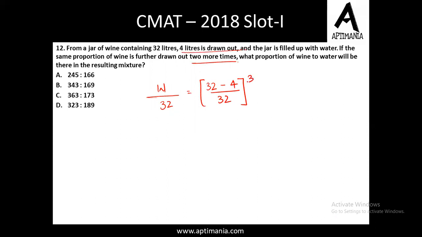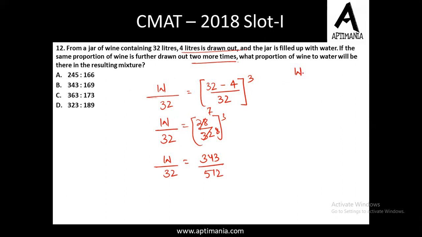So W upon 32 equals 28 upon 32 to the power 3. So W upon 32 equals 7 upon 8 cubed, that's 343 upon 512.